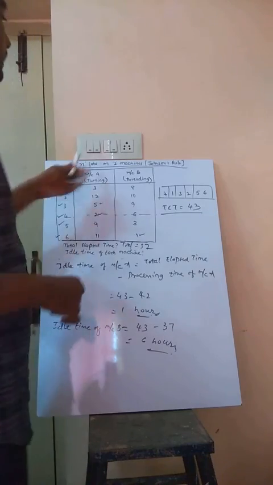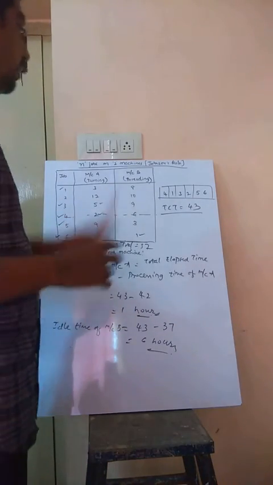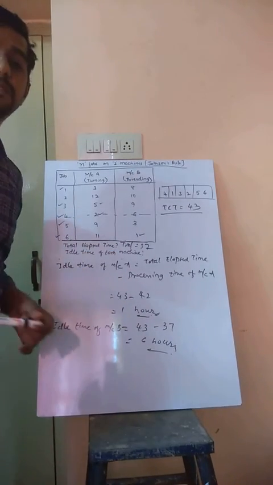This is about n jobs on two machines, also called Johnson's rule.